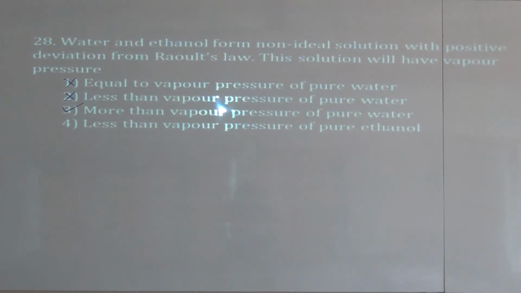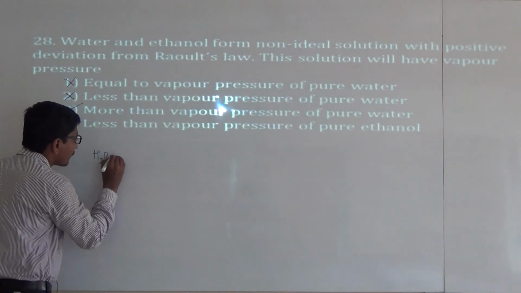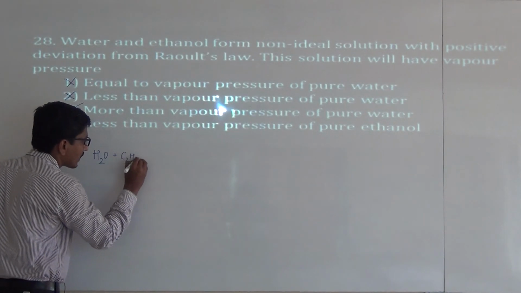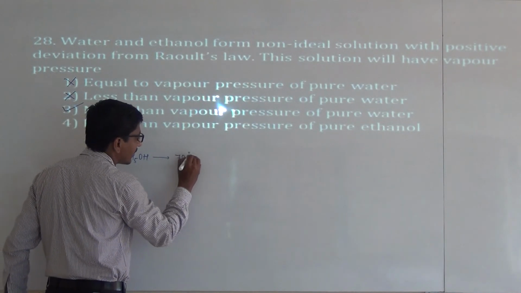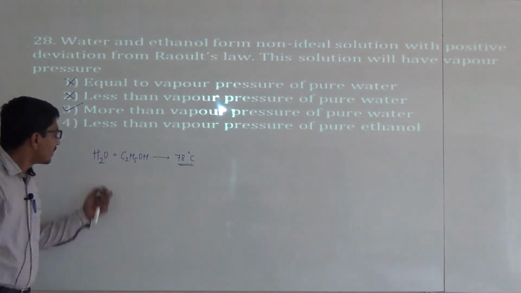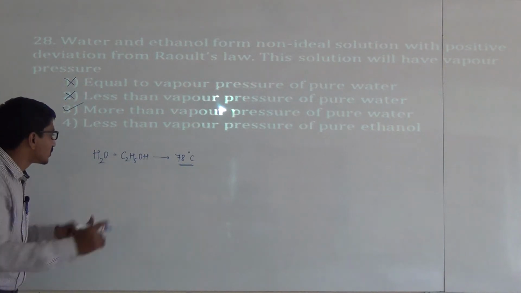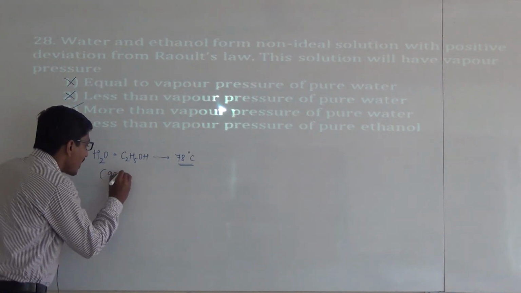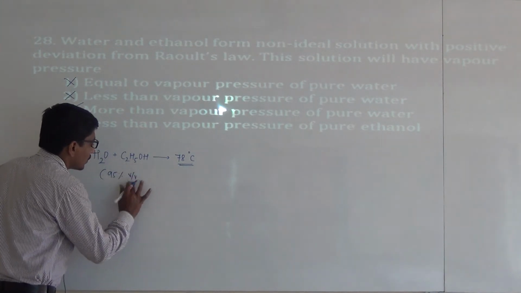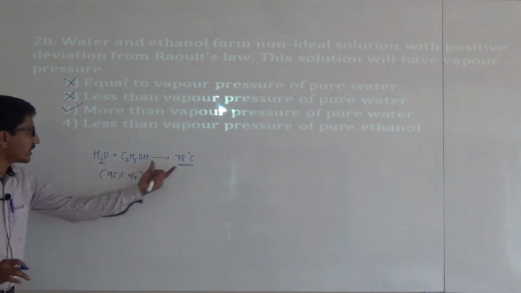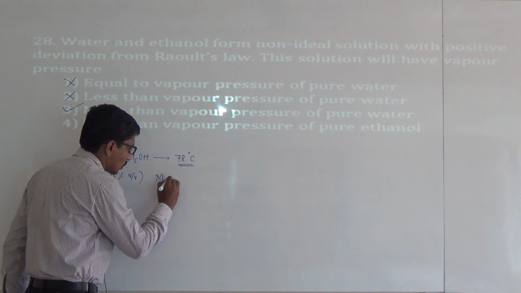This water and ethanol mixture boils at 78 degrees Celsius, and the boiling point of water is 100 degrees Celsius. A 95% volume by volume solution of ethanol and water boils at 78 degrees Celsius, and this is an example of a minimum boiling azeotrope.